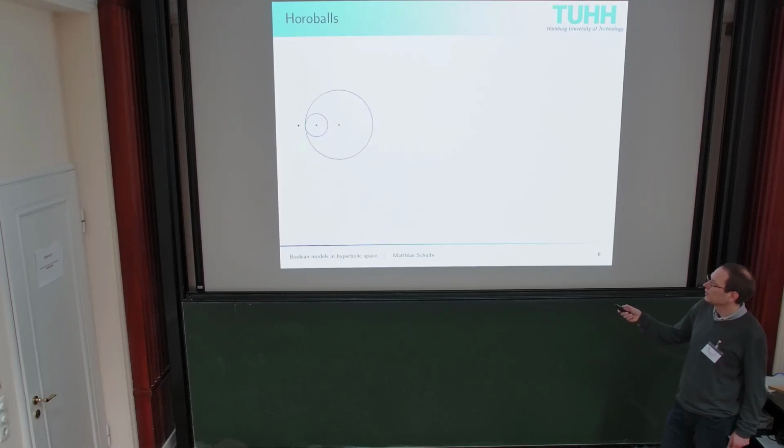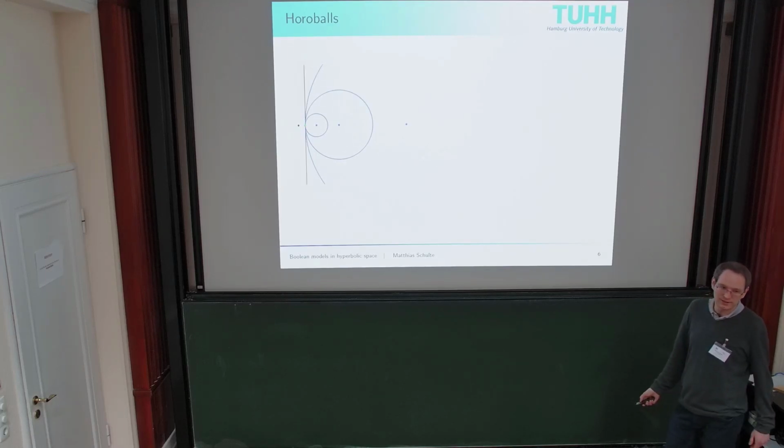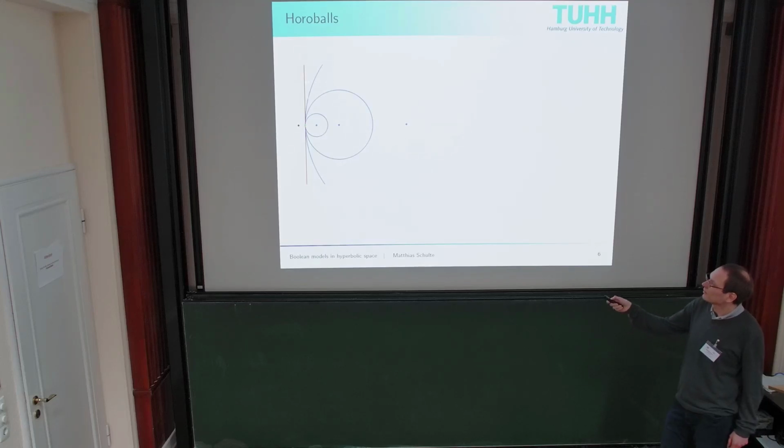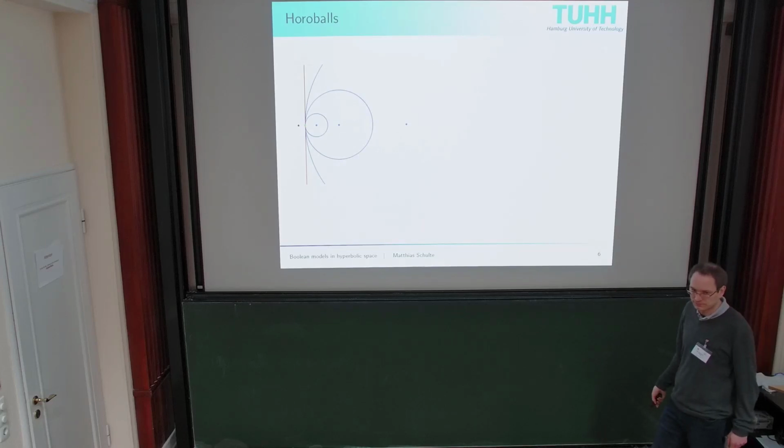What we do now is that we shift the center of the circle further and further to the right, and then if we take the limit of all these balls, we obtain just the half space that is delimited by the red line here.